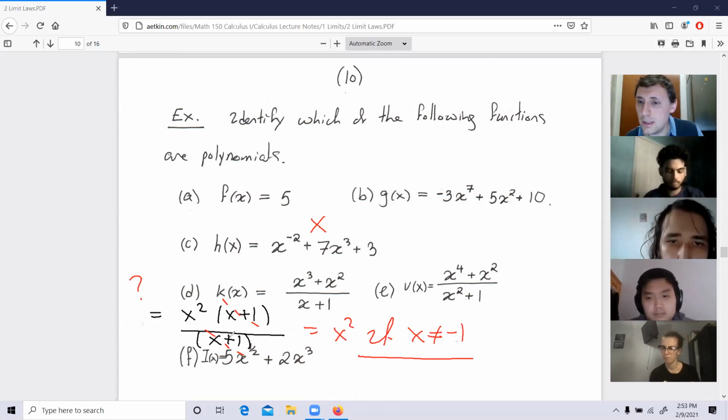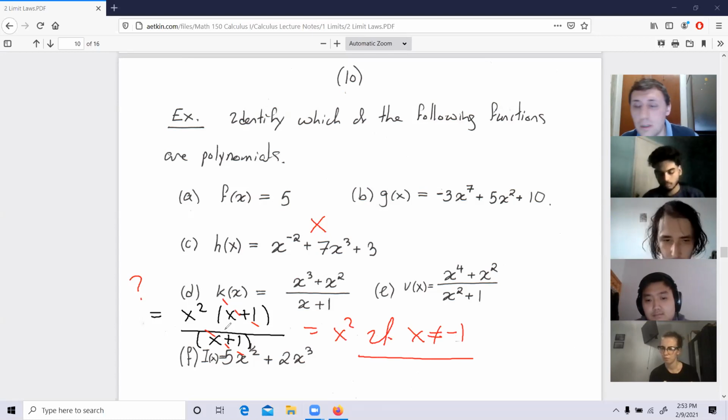Are you seeing that? So I cannot simplify it in the one instance where x equals minus 1. So the function is very similar to x squared, but it's not equal to x squared at the moment where x equals minus 1. So strictly speaking, it is not a polynomial, right? I will make it like this, okay?